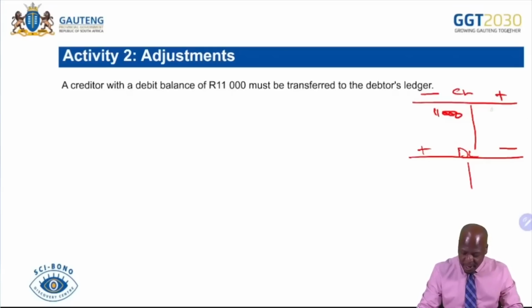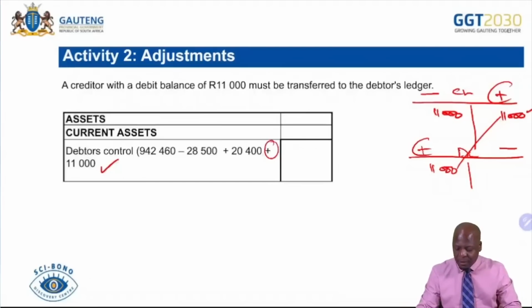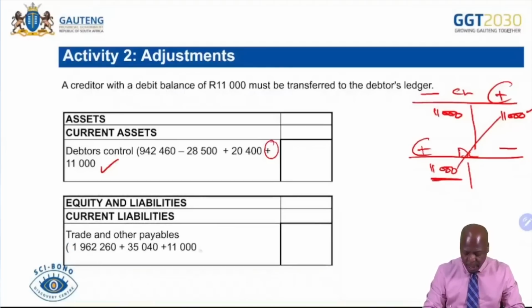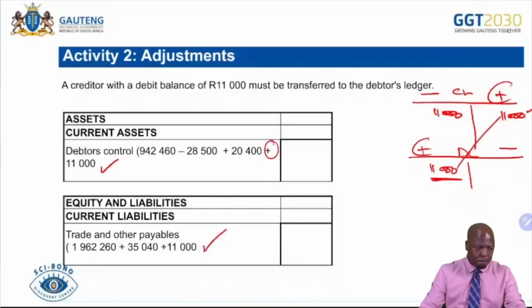If I'm transferring this to the debtor's ledger, I'm bringing 11,000 here, and to complete the double entry, I'm going to bring 11,000 here. So my signs are going to be a plus and a plus. I'm going to come now to my current assets under debtors control and say plus 11,000. The sign is very important because I brought it to my debit side. I'm also going to come now to my current liabilities and do the same and say plus 11,000.